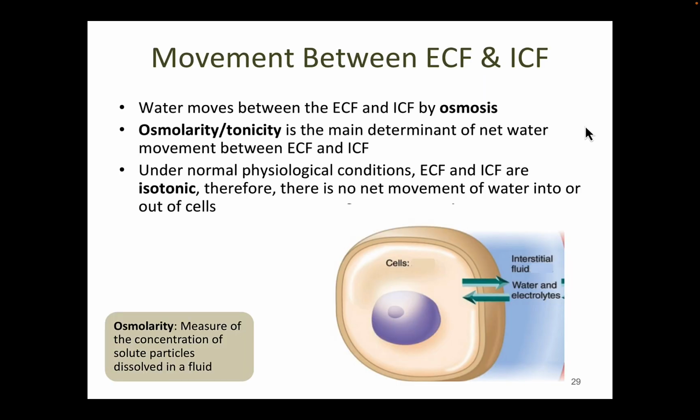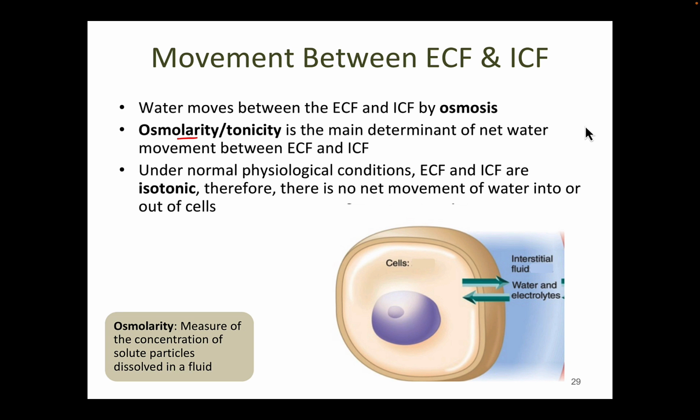Okay, moving on now. So where blood pressure and blood volume was the main determinant of movement between the blood and the interstitial fluid, movement between the extracellular fluid and intracellular fluid occurs by osmosis. And so our osmolarity is the main determinant of water movement between the ECF and the ICF.